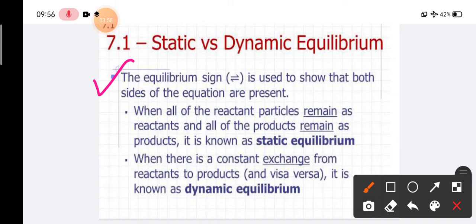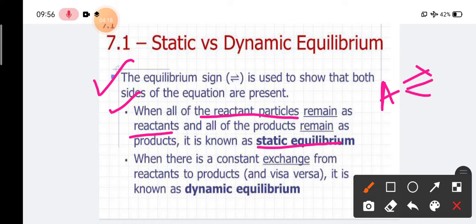So what is static equilibrium? When all the reactant particles remain as reactants and do not convert to product, and all the products remain as products and do not convert to reactants, then this equilibrium is called static equilibrium. If there is no conversion from product to reactant or reactant to product, it is called static equilibrium.